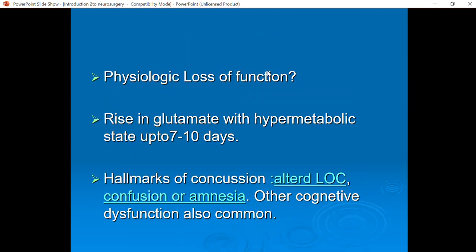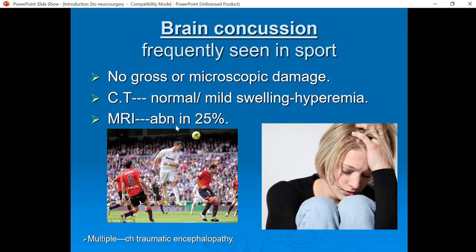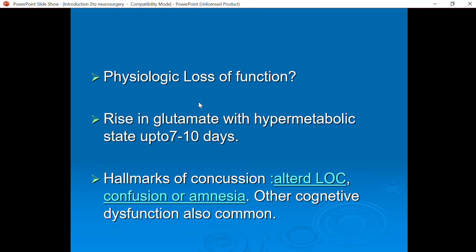I forgot to mention the definition of brain concussion. So even if the patient lost consciousness after a blow to the head, and the brain CT and MRI show normal anatomy, then what is the best definition? The best definition, I think, is just to say it is a physiologic loss of function of the neurons for a short period.